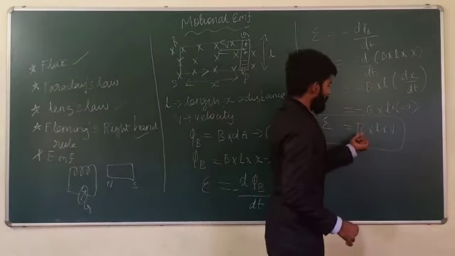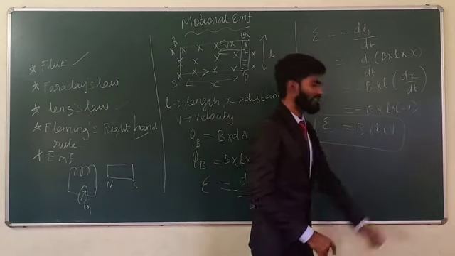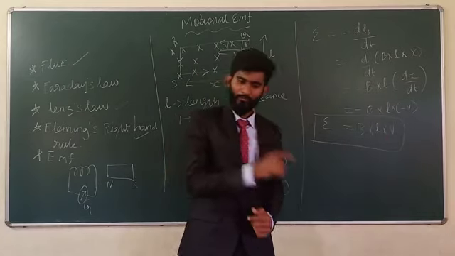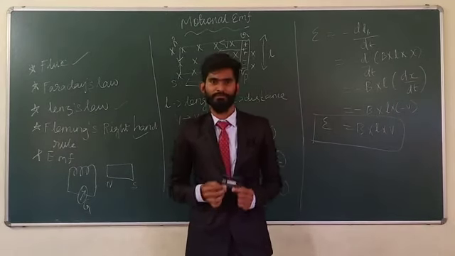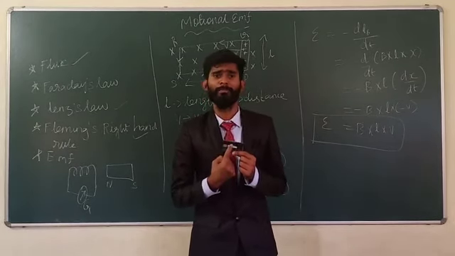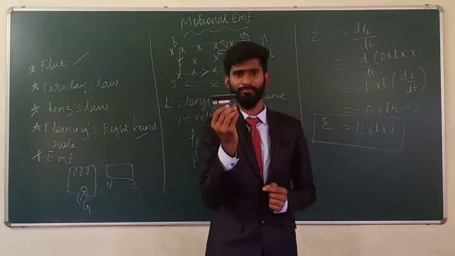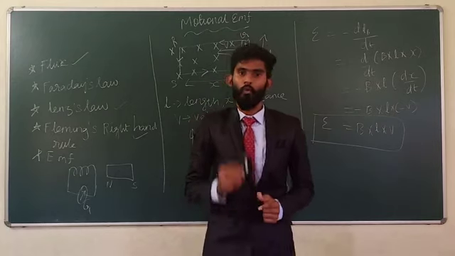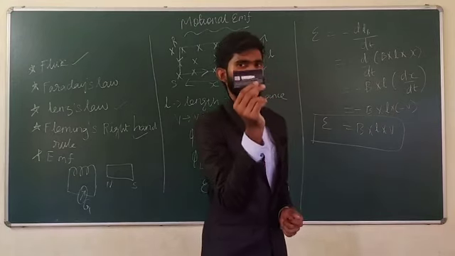Here B is the magnetic field, L is the length of the conductor, and v is the velocity of the conductor. Now come back to the initial case which I told about, the magnetic stripes. These are magnetic stripes, which we use nowadays for digital payment by swiping. While you are swiping this, it will act as a magnetic field.